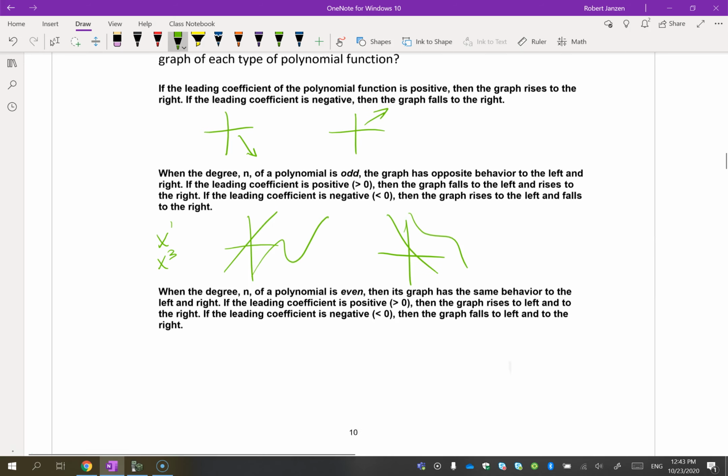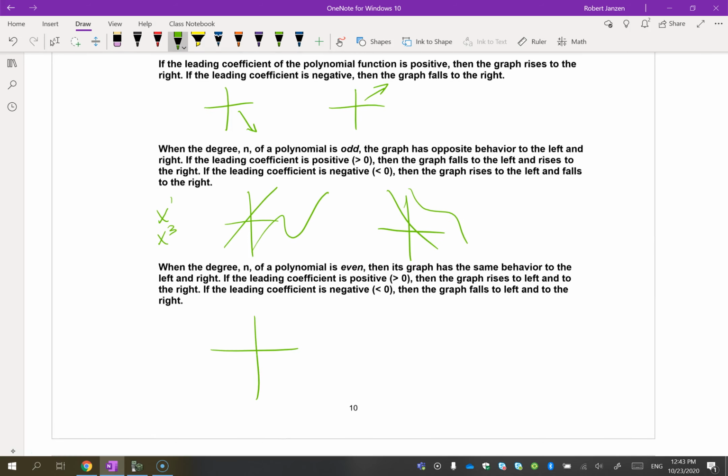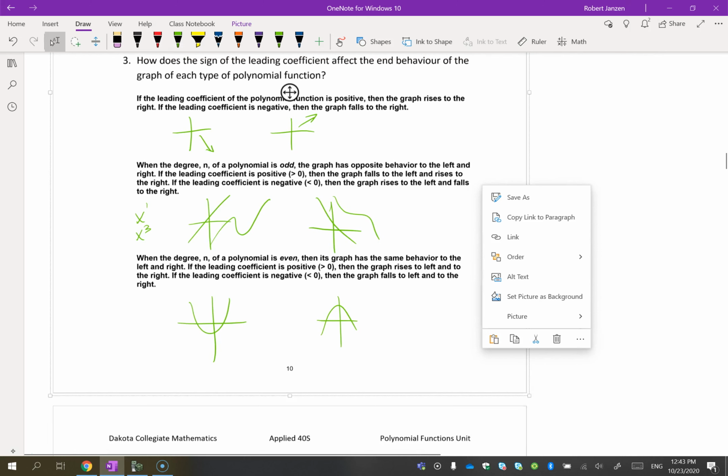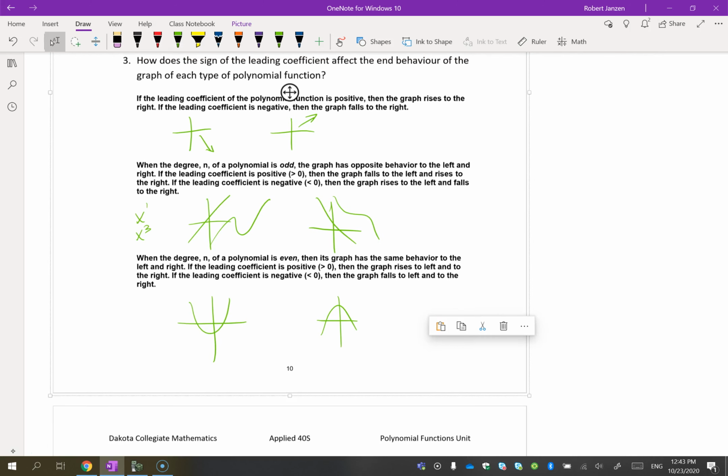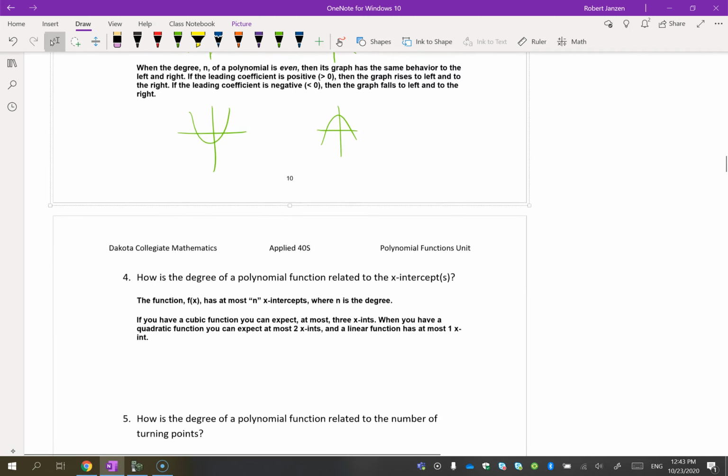If the degree is even, then we're going to get either this parabola going up if it's positive, and down if it's negative. Okay, so these are some generalizations. I would go over them, make sure you understand them, but generally speaking, if you have the equation and you graph it, you're going to figure that out as you go anyways, so you probably don't need to know that.